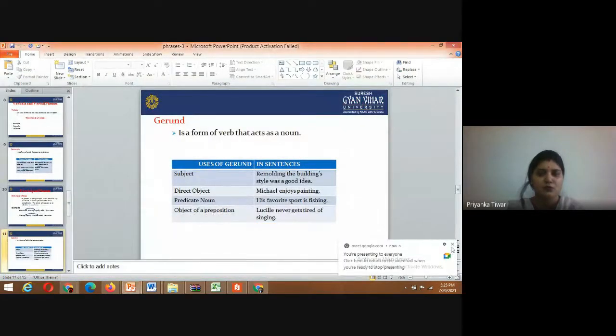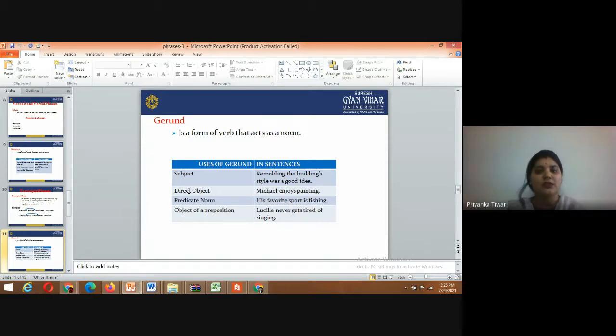Now the gerund. A gerund is a form of verb that acts as a noun, and its uses in sentences are subject, direct object, predicate noun, and object of a preposition.